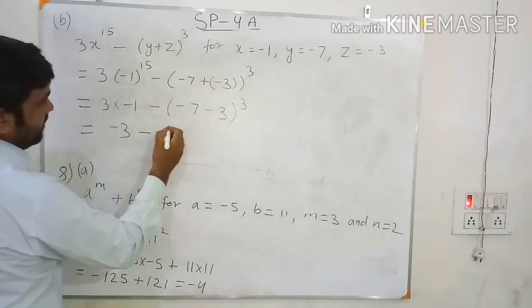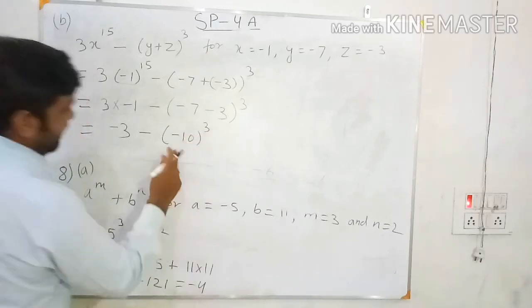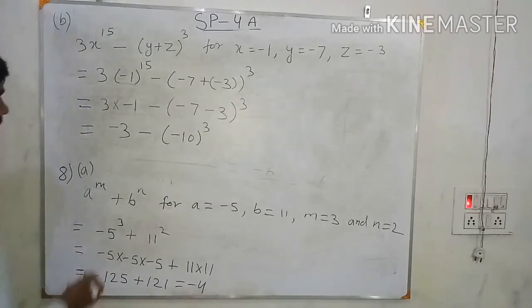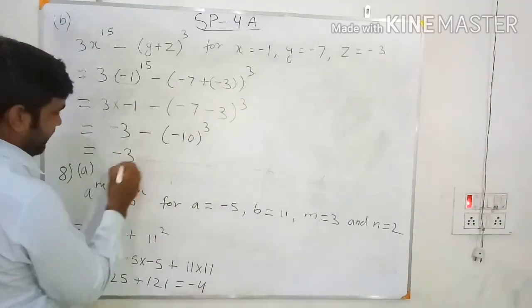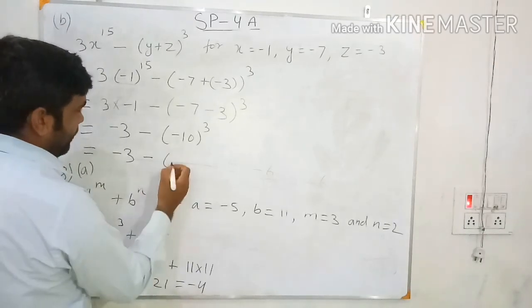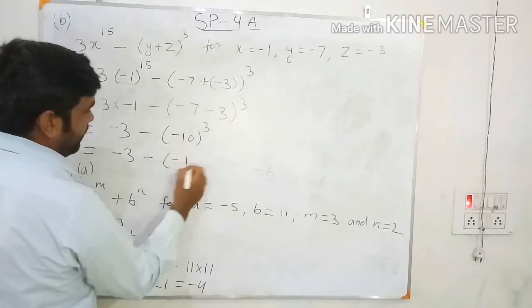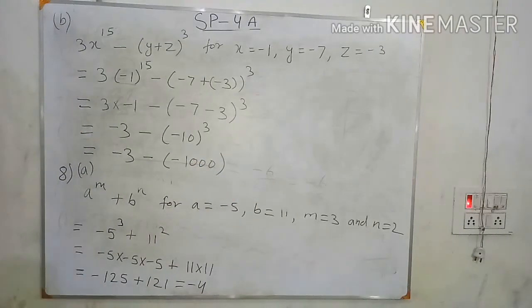Here minus, and in this bracket minus 7 minus 3 is minus 10 to the power 3. Base negative, power odd, value will be negative. So again minus 3, here you can write minus, and its value will be negative. Negative 10 cube is what? 1000. When you multiply 10 itself 3 times, you will get 1000.